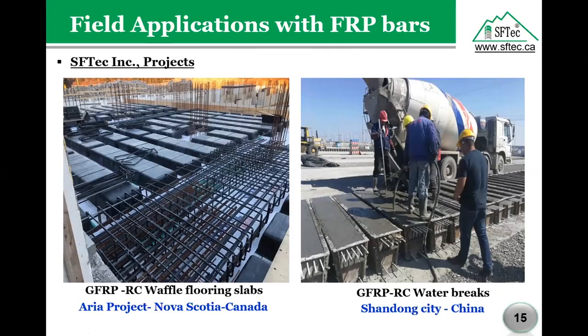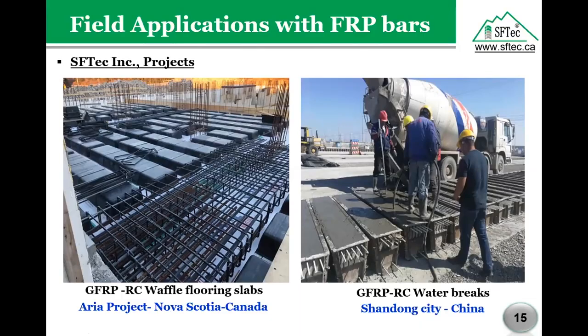So in order to save money and to have a durable structure, we can use FRB bars, one of its types, like GFRB, glass fiber reinforced polymer, or carbon FRB. Based on the stiffness, the designer should take a decision based on the acting loads and other effects on the structure.